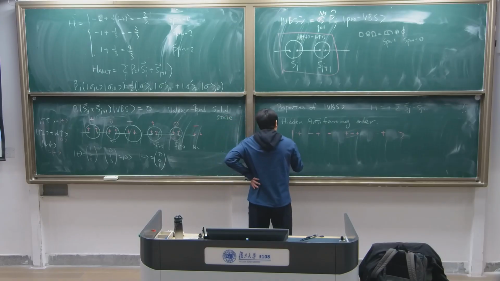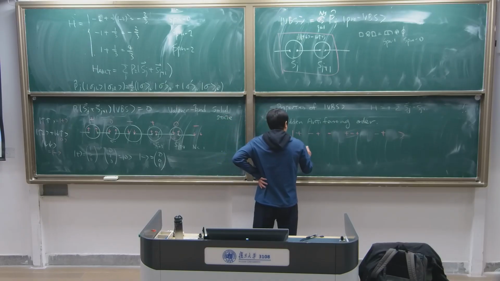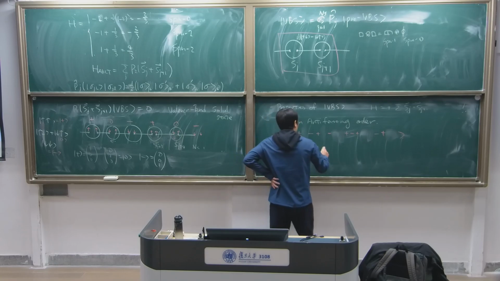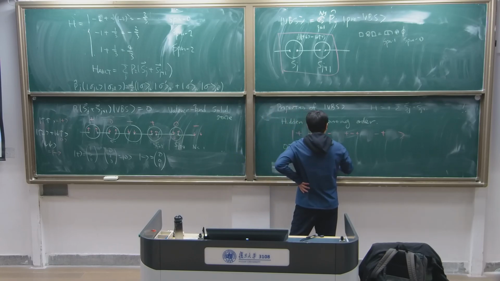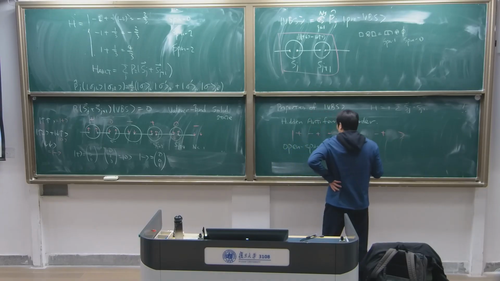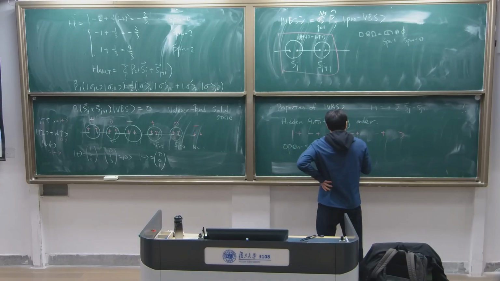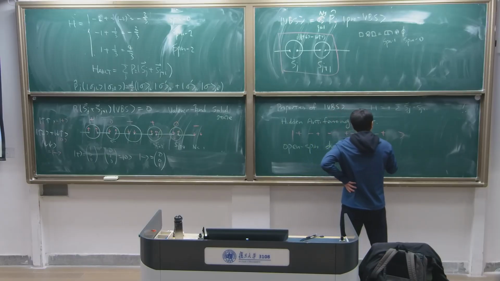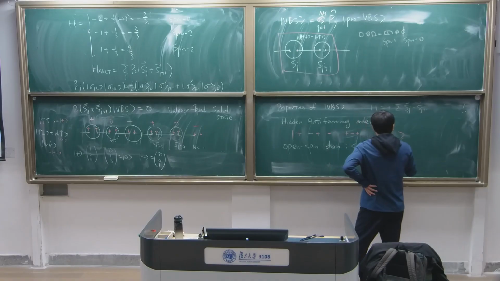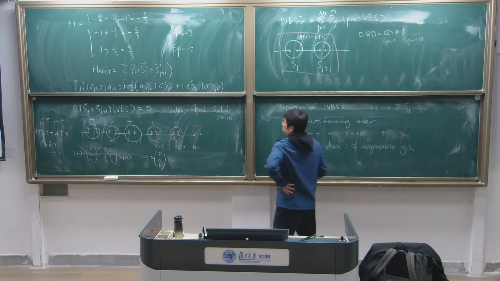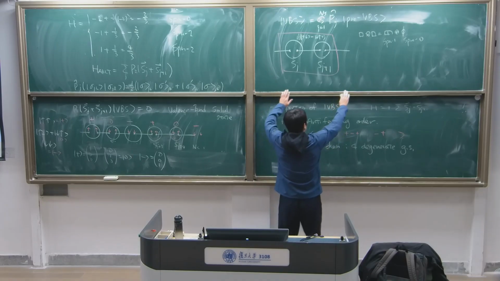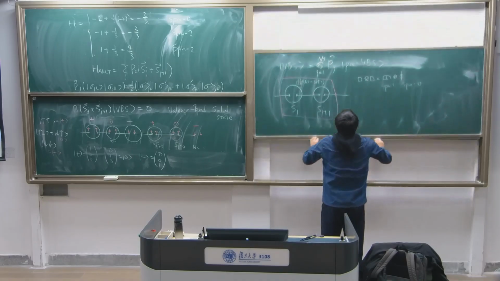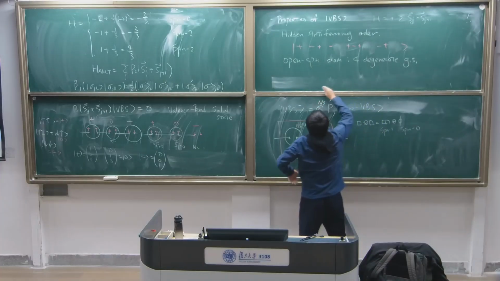In addition, the open spin chain has a 4-fold degenerate ground state. So suppose you consider an open spin chain.